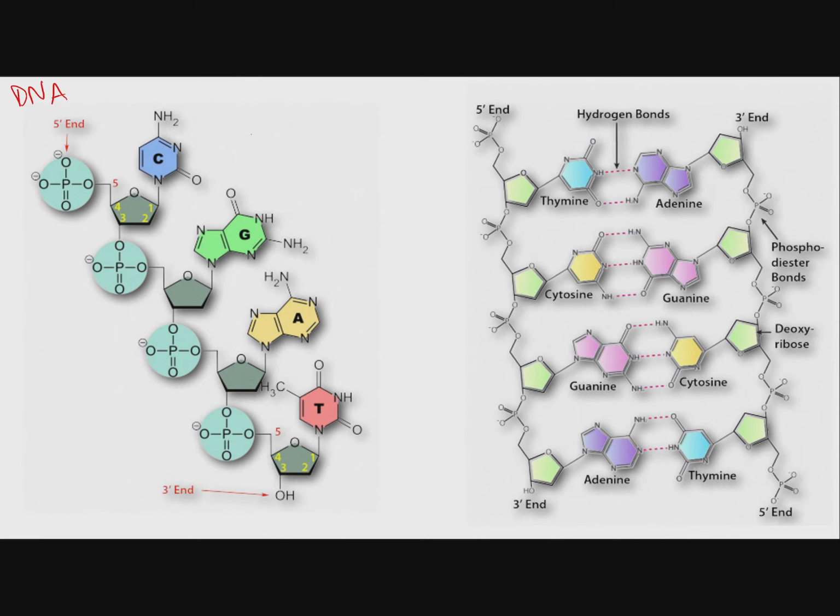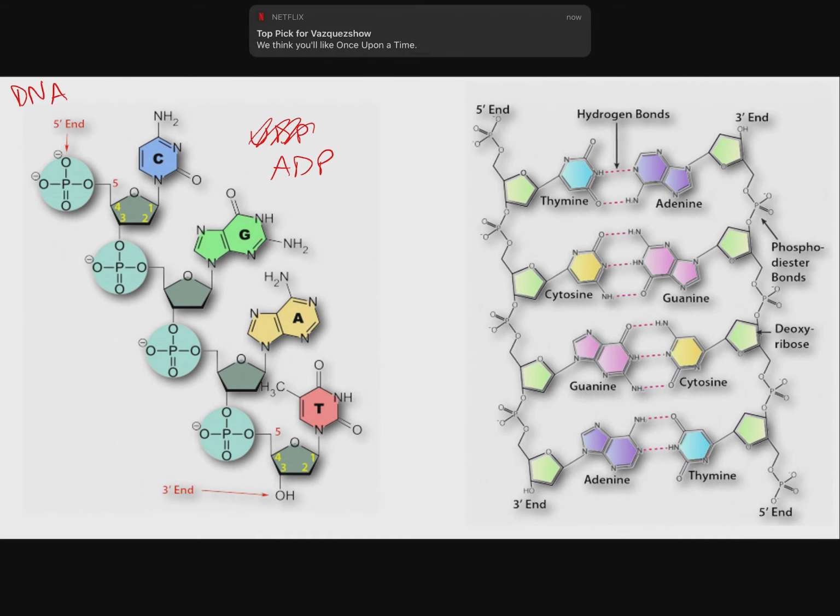So we start with a ribonucleoside diphosphate. That could be something like, let's just use uridine, so it would be a UDP. Well, maybe that was a bad example, because that one, we don't make DNA out of. So we would start with an ADP, an adenosine diphosphate.